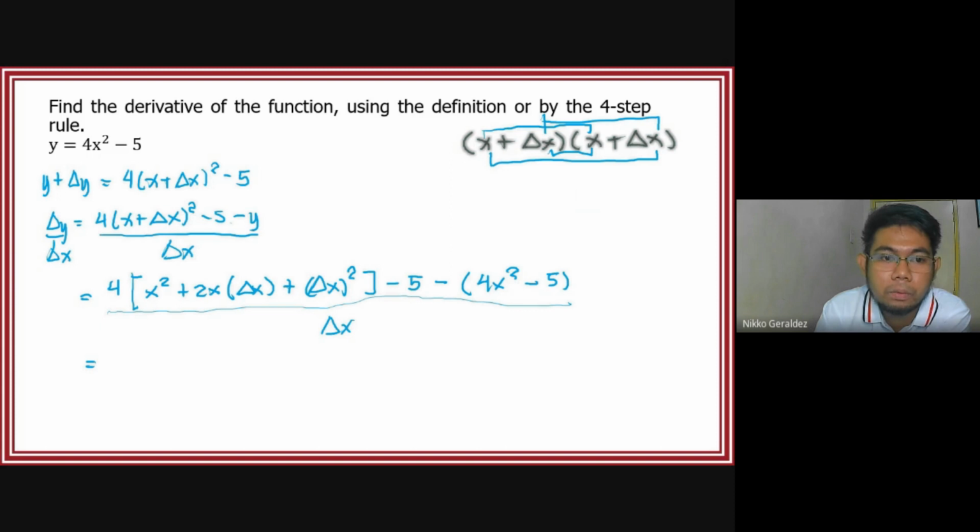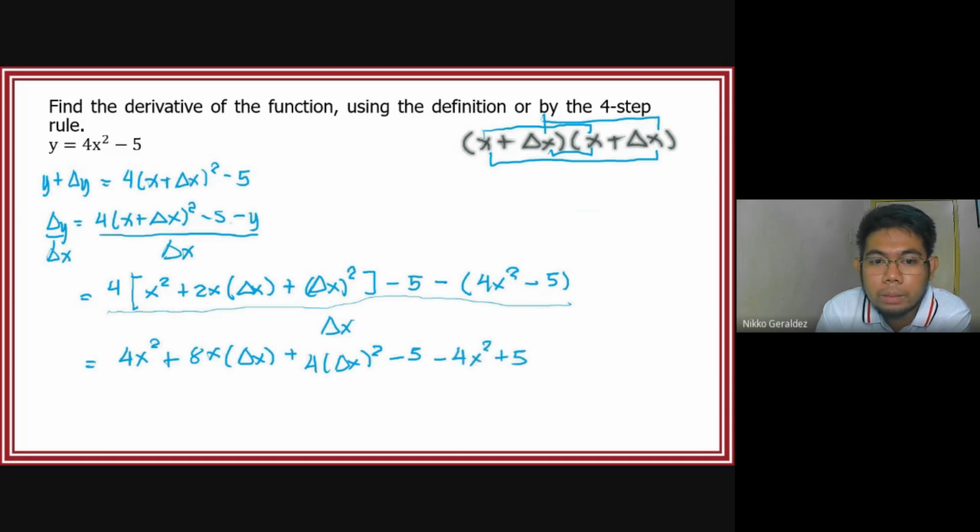Multiply: 4 times x squared is 4x squared, plus 4 times 2x delta x, which is 8x delta x, plus 4 times delta x squared. Then minus 5, then minus 4x squared plus 5, over delta x.